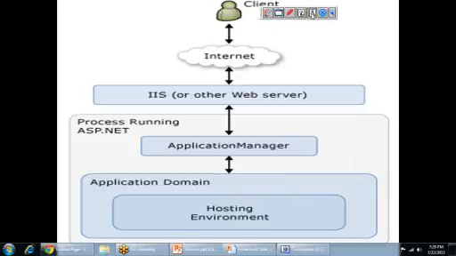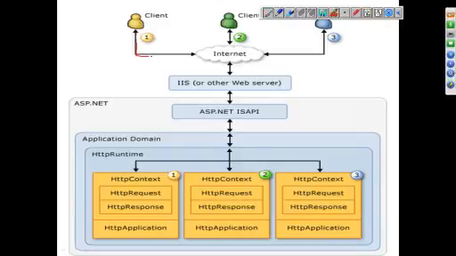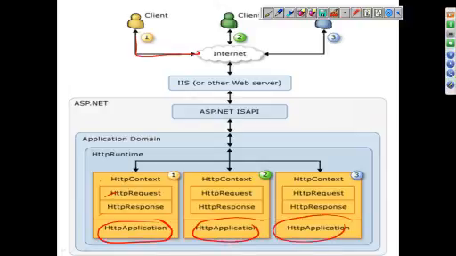Now, for each and every request, whether client 1, client 2, or client 3 is requesting, an HTTP application object is created. The request, response, and context objects are also specific to each request and are created for every request.